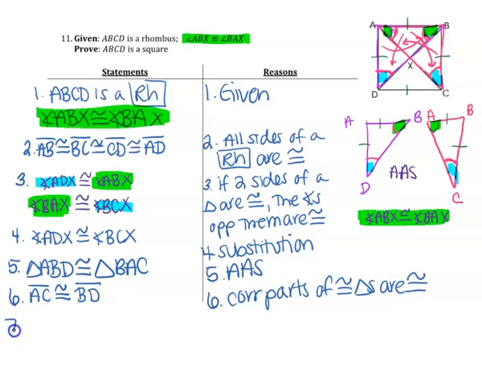Okay, now I can say it's a rectangle. And that's because if diagonals are congruent, a parallelogram is a rectangle.